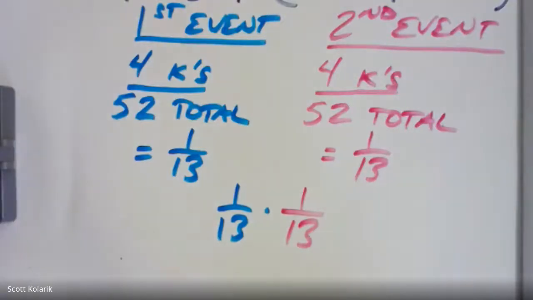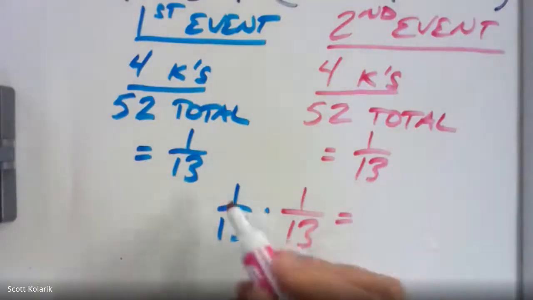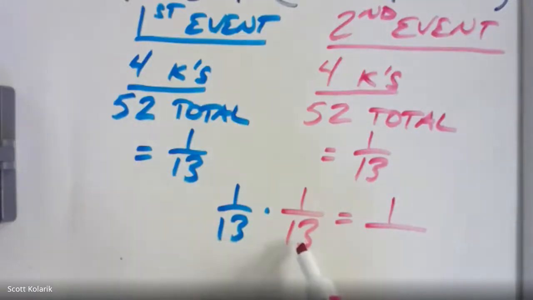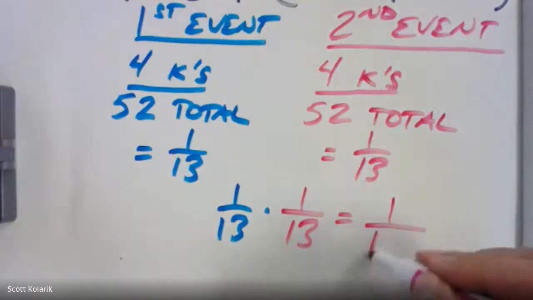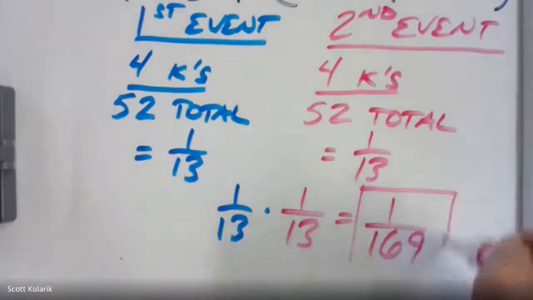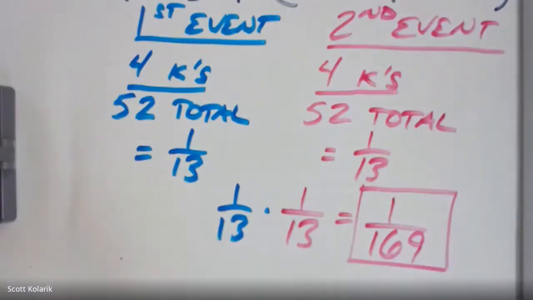When I multiply fractions, just remember I go numerator to numerator, denominator to denominator, just multiply straight across. 1 times 1 for the numerator is 1. 13 times 13, you can do this on a calculator. Don't feel like you have to do it in your head, but it comes out to 169. So what's my total probability of selecting 2 kings with replacement? 1 out of 169.